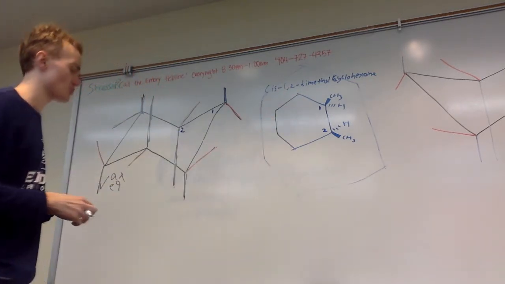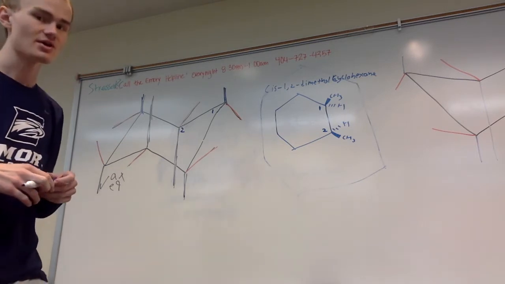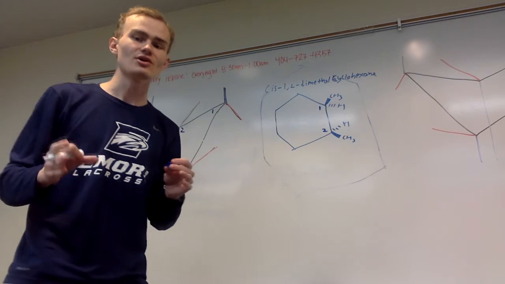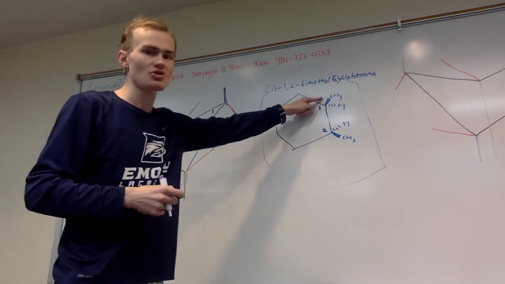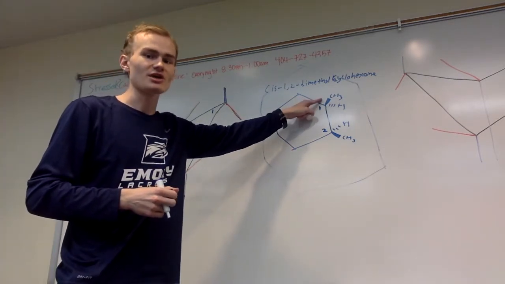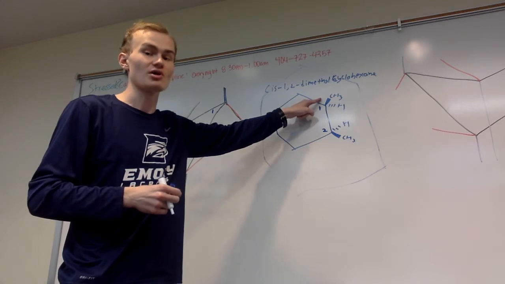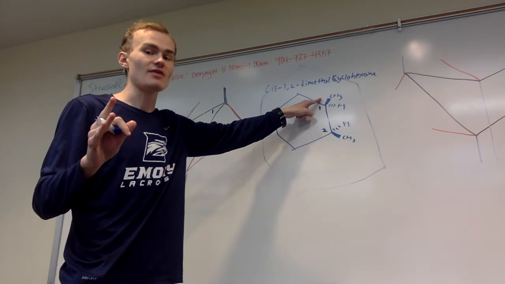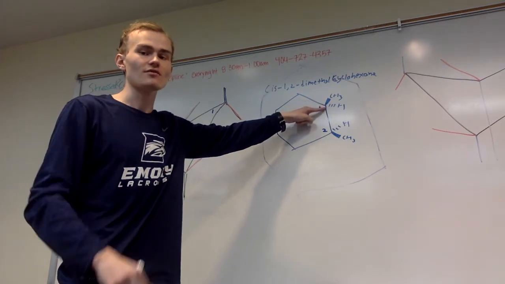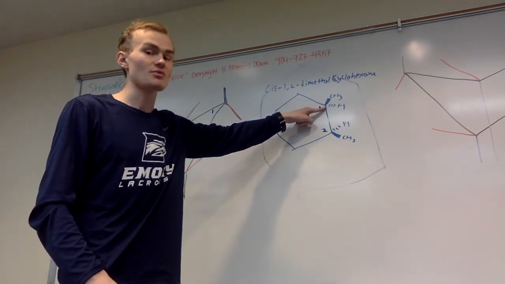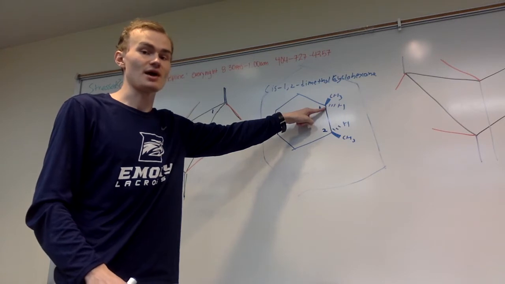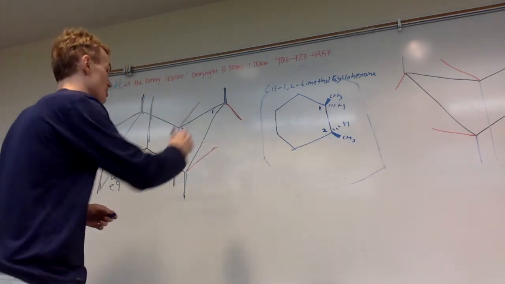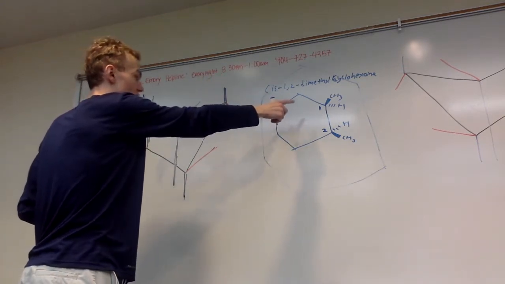Now we're going to put the substituents on here. Remember the rule: wedges up, dashes down. Because this is on a wedge, it'll have to point upward somehow. And the hydrogen over here is on a dash, so it'll have to go down somehow. So basically how we draw this is like so. You see the wedge is up.